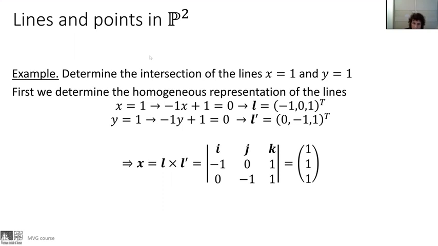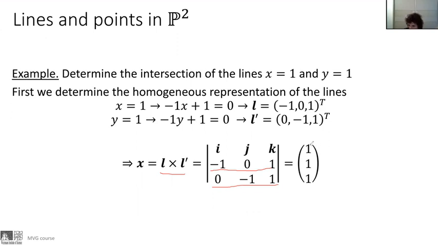Let's try to explain again. You have a vector of size 3 and another vector of size 3, and I'm taking the cross product between them. Geometrically, I explained before what the cross product is. Algebraically, how do you determine the cross product? You take the vectors, put them in the matrix. This is one vector, this is the second vector. Now, I would like to determine each coordinate in the vector that I'm going to take.